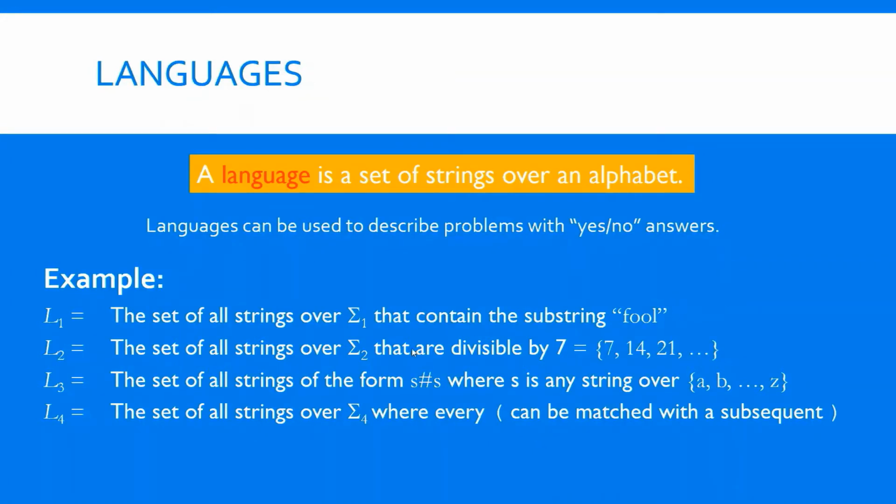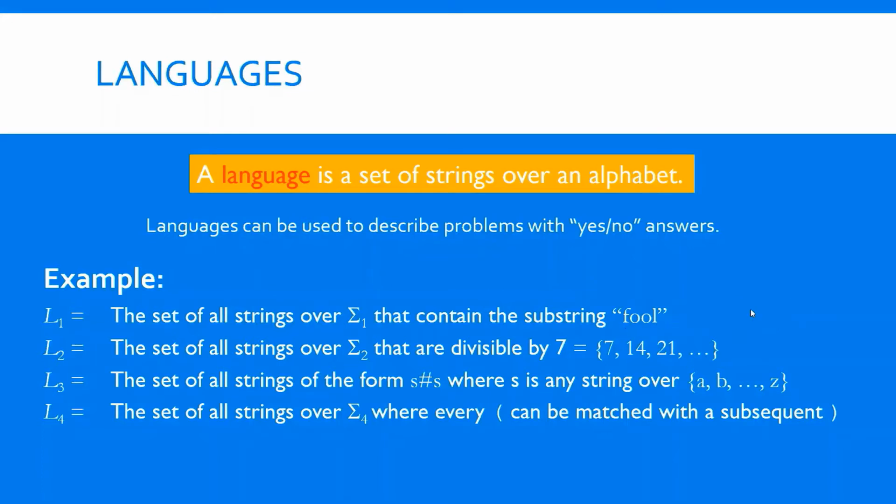Colorful, or which one? You can write down, or FOOL is one candidate. So L1 contains many candidates, many strings where FOOL is a substring. This is one example. This is not all the dictionaries.